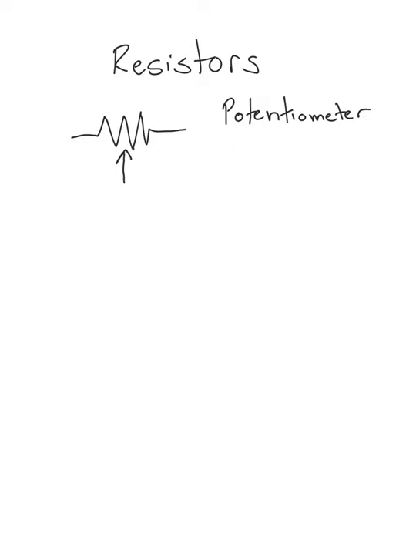Next up, we have a device called a potentiometer. So now I have the resistor symbol, but only with a single arrow. A potentiometer is a variable resistor. So it's going to look like a knob or a dial that I can adjust. A potentiometer, as you guys will use it in the lab, is 100 kilo ohms from the outside to the outside. Because if I think about it, there's a straight path through that resistor that would give me 100,000 ohms.